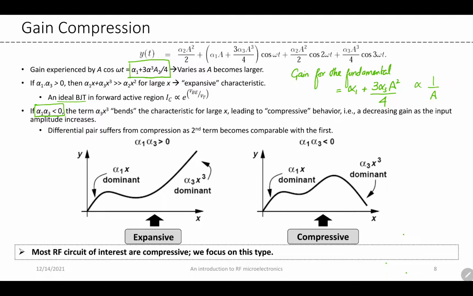So if it is negative, for example, if alpha 3 is negative, you'll have something like alpha 1 minus 3 mod of alpha 3 a squared by 4, right? So as a increases, this negative sign makes it small, and your overall gain starts to decrease.